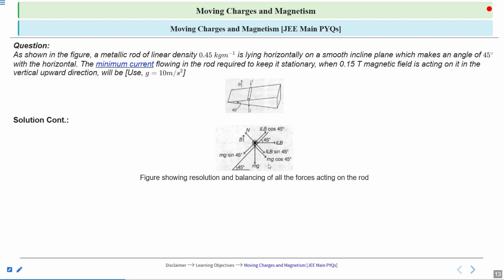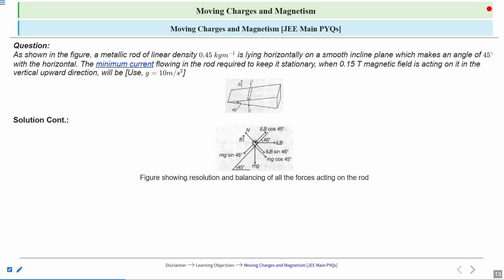So this component will be mg cos 45 degrees, and along the inclined plane, downwards, there will be the component mg sin 45 degrees. You have also studied this in 11th class; in almost every chapter this concept of resolution of vectors is used, so you are familiar with it.